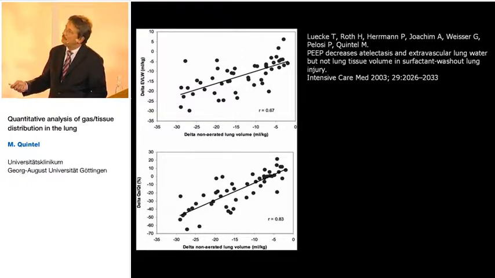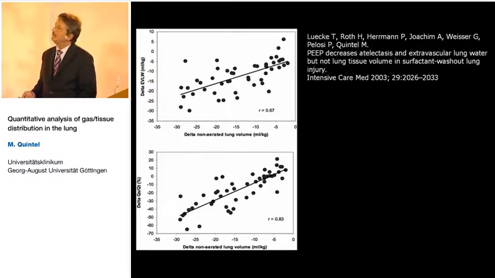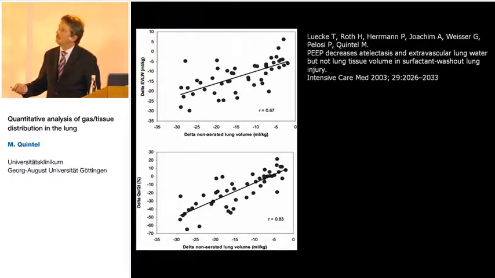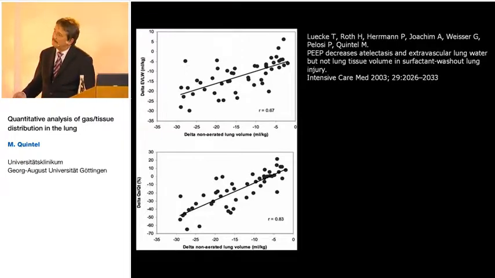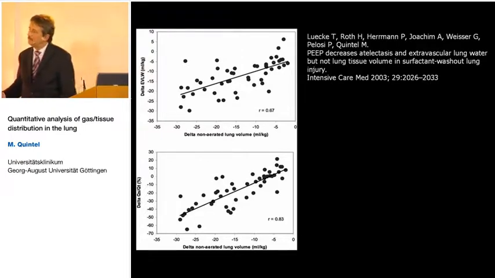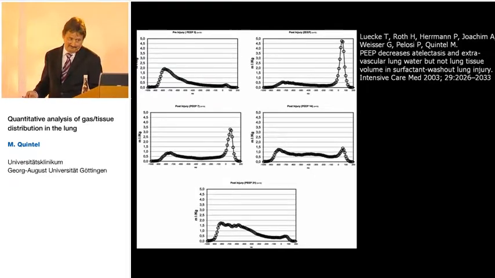There is a quite good correlation, comparable to the extravascular lung water changes. Extravascular lung water and delta non-aerated volume show a quite good correlation, but the correlation of shunt with non-aerated volume is even better.